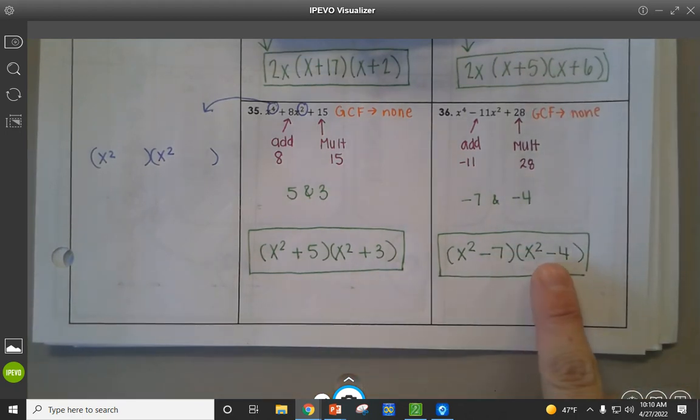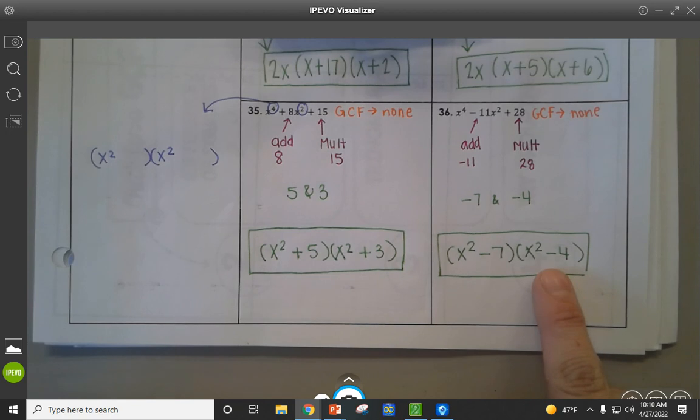Look at this one right here. Do you notice anything special about that one? It's got negatives. You can just make it x minus 2. Close. You can't just make it x minus 2.